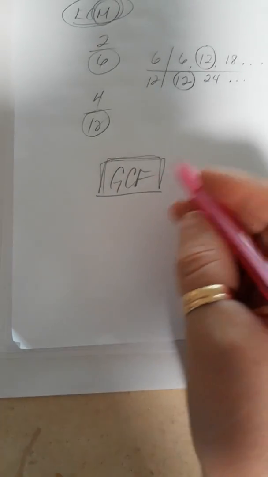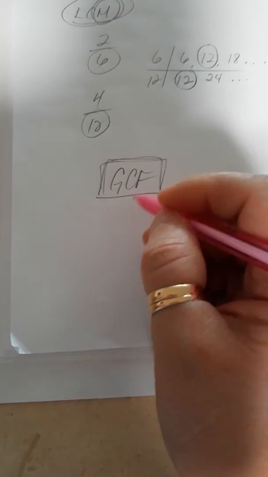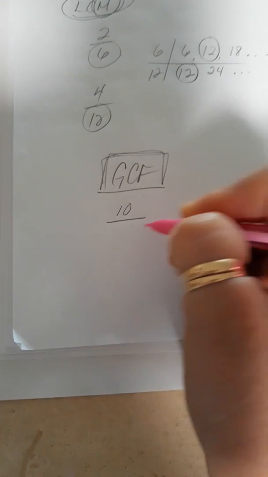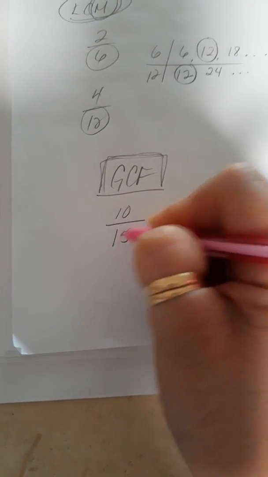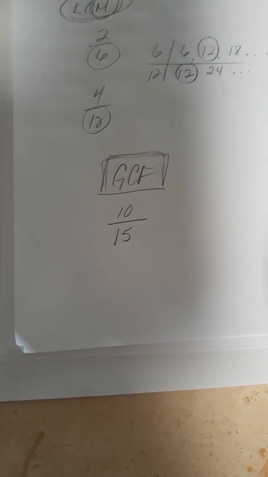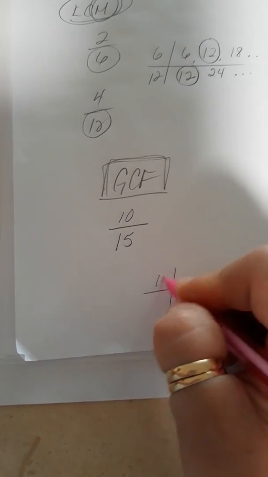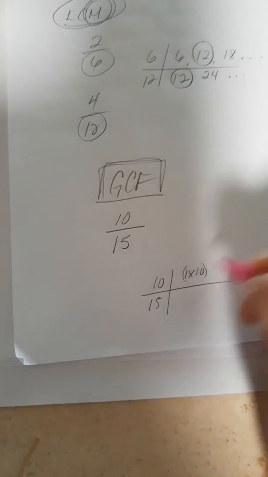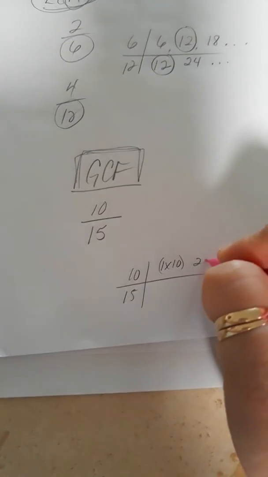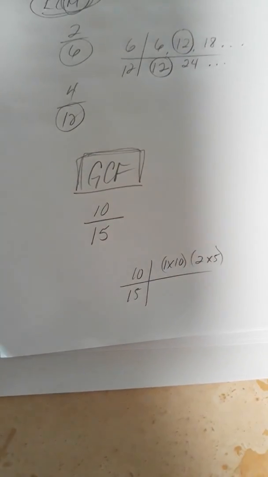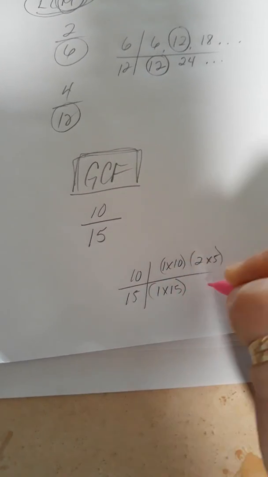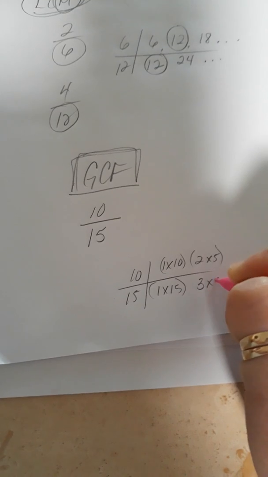So if I want to find the greatest common factor, and I have here 10/15, I have 10 and I have 15. I'm going to write the factors of 10: 1 times 10 and 2 times 5. The factors of 15: 1 times 15, and I have 3 times 5.